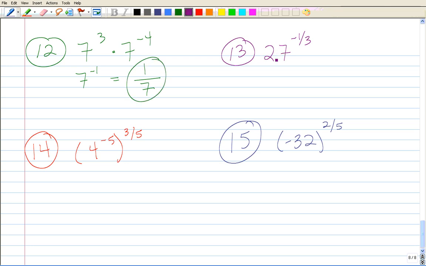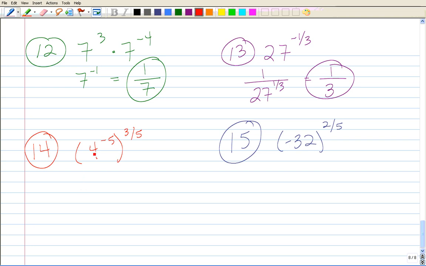Number 13, we have 27 to the negative 1/3. Again, I don't like those negative exponents, so we have 1 over 27 to the 1/3. Remember, 1/3 means we're taking the cube root of that, so we have 1 over the cube root of 27, and that's 3.